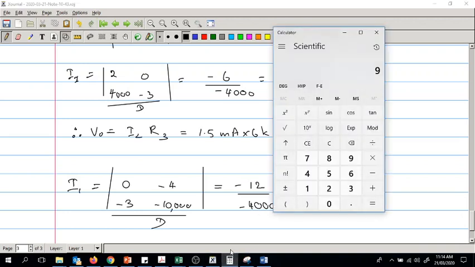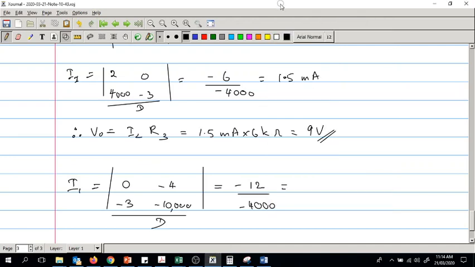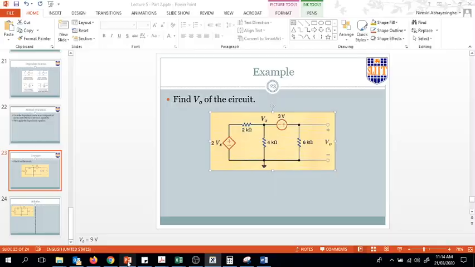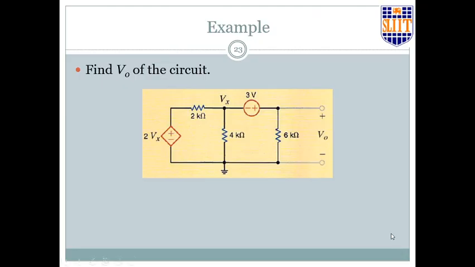So 12 divided by 4,000, or let's say it is 3 milliamperes, right? If you want to find that. Done. Next.